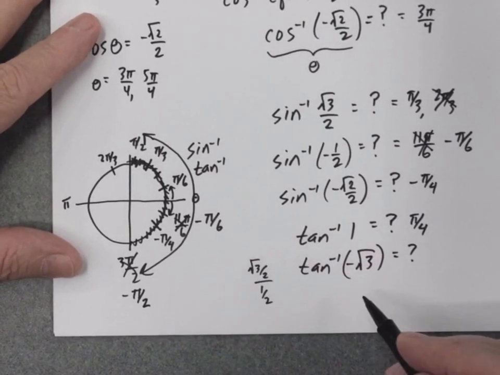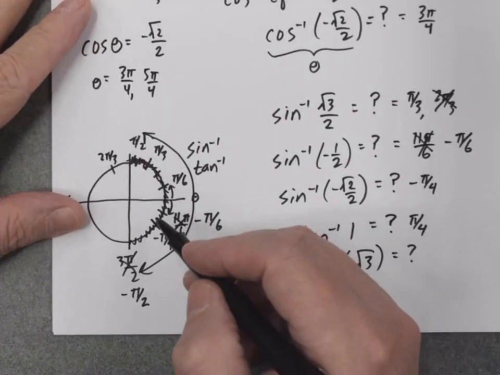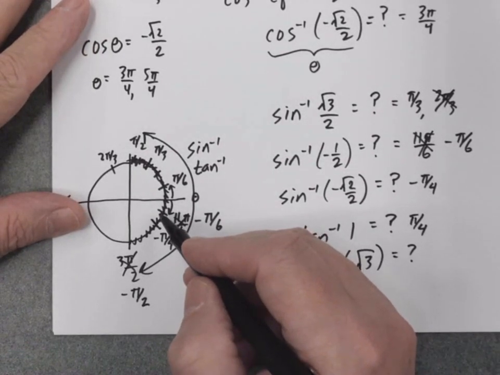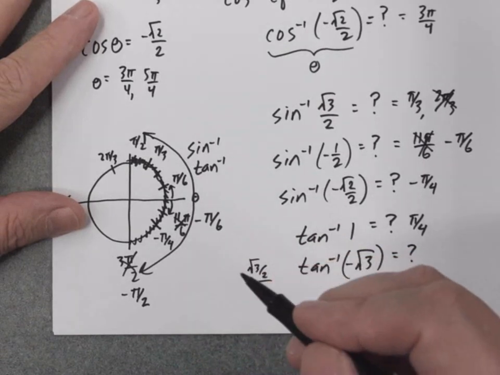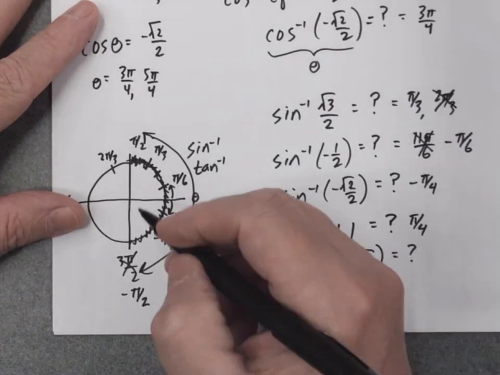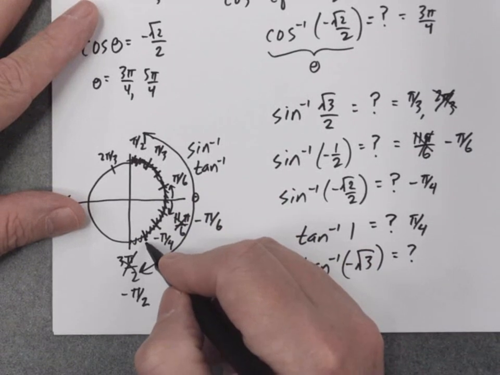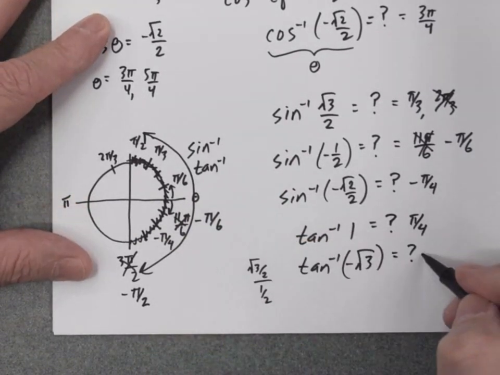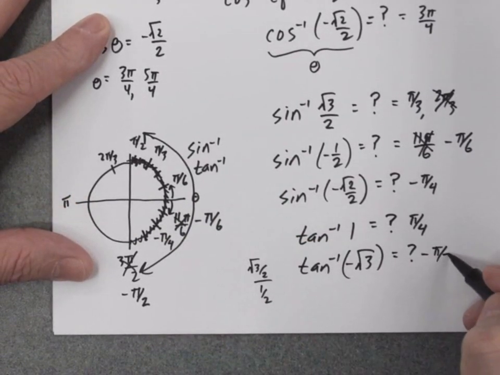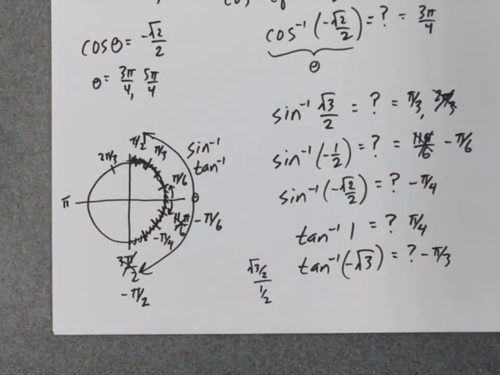One's positive, one's negative. That's going to occur in quadrant 4. We used to call this 5 pi over 3, but instead now we call it negative pi over 3.